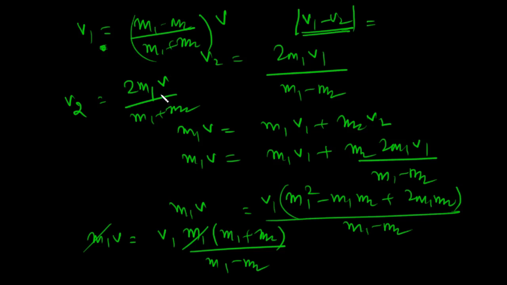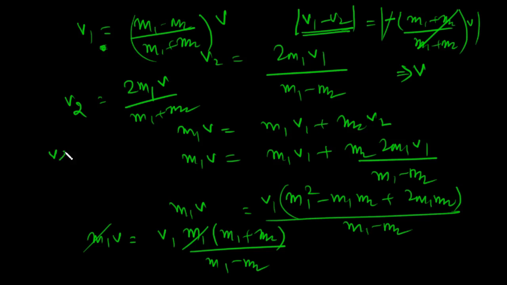So v1 minus v2 would give us minus of modulus, this is (m1 plus m2) by (m1 plus m2) times v. Minus gets cancelled due to modulus, this gets cancelled, this is v. So v relative initial would be equal to v relative final, and this was v.